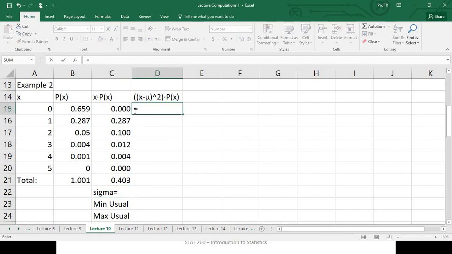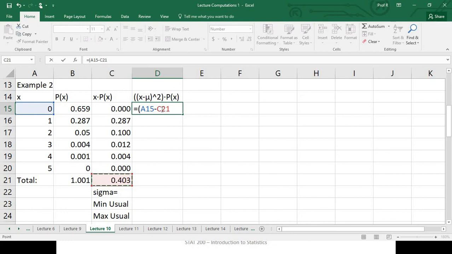This is equal to x, the value for x, minus my mu value, which is down here. Now remember, I need to put a dollar sign in front of the C and in front of the 21 to fix this cell, so it always uses this value, 0.403.